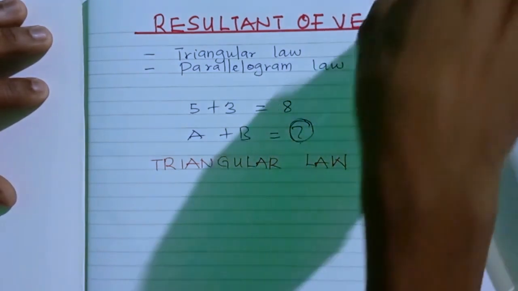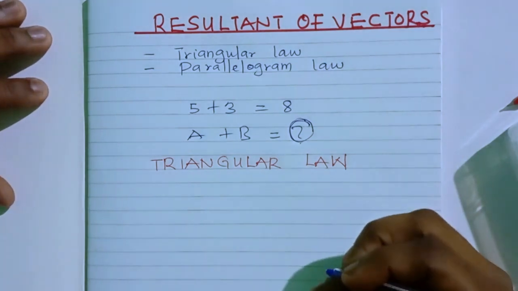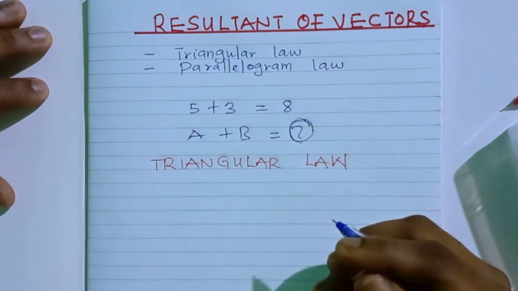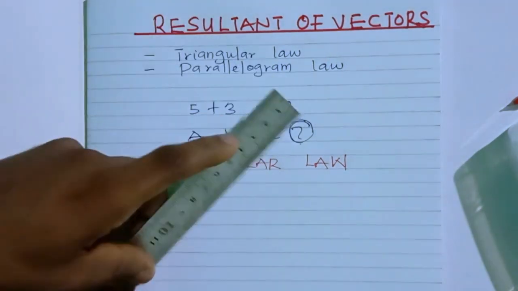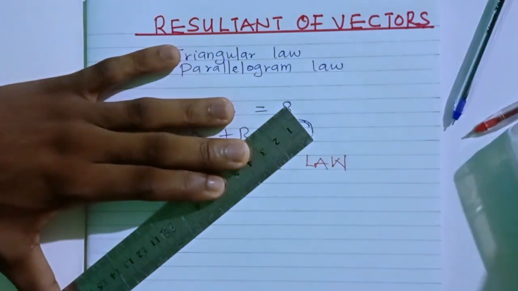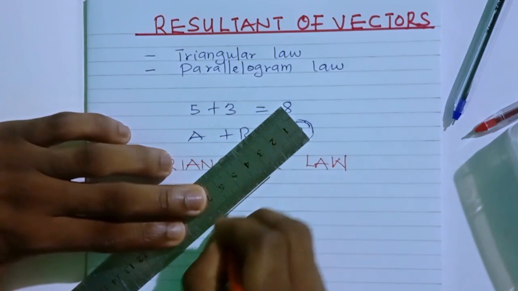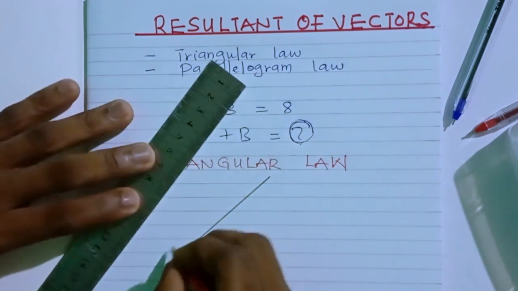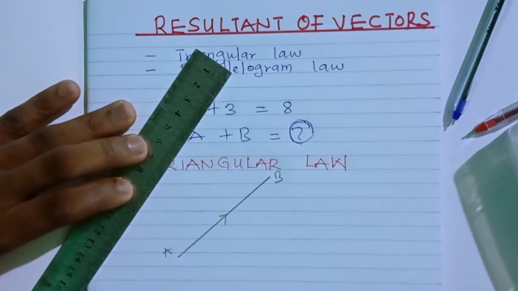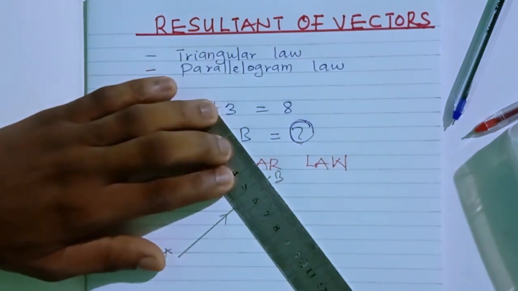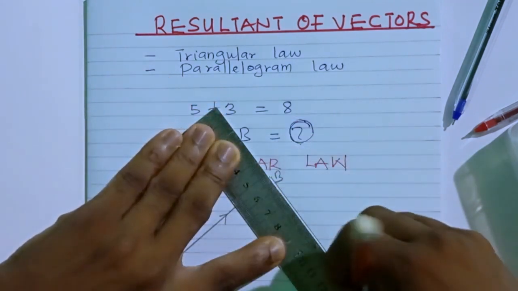Now, the triangular law of vectors states that if two vectors are represented as two sides of a triangle taken in sequence, so if I have a vector AB, so this is vector AB, and I have another vector BC.